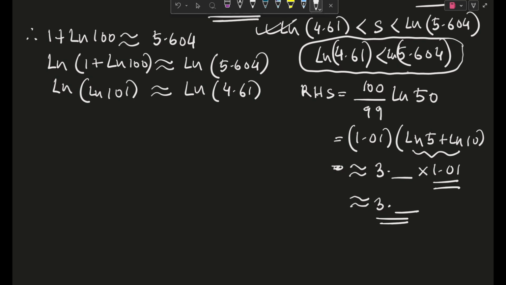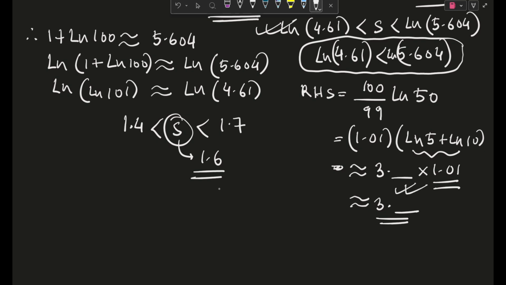I can't tell you the approximate value. Let's take 1.4 and 1.7. It will be 1 point something obviously. These two values will be in between, so obviously the value lying in between, s, will also be 1 point something, say 1.6 as per my example. So 1 point something will obviously be less than 3 point something, which means that option B was correct. S is less than 100 by 99 ln 50.